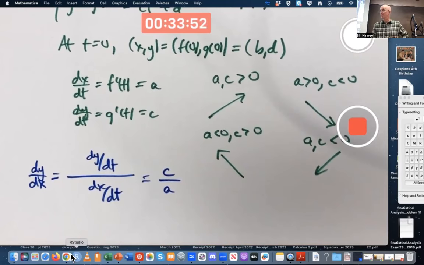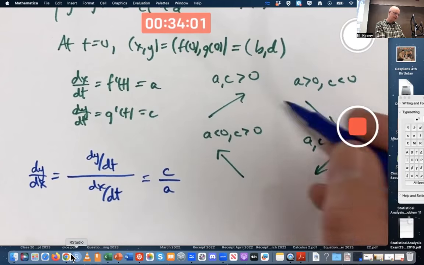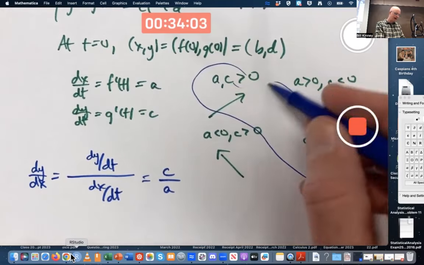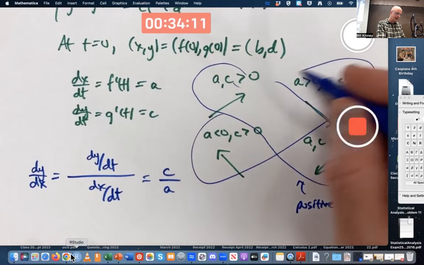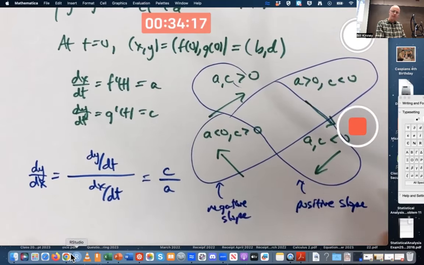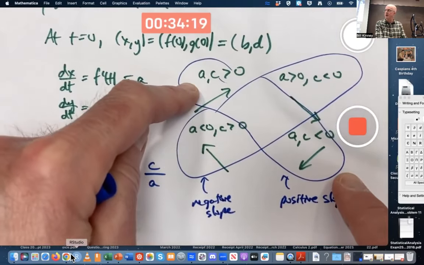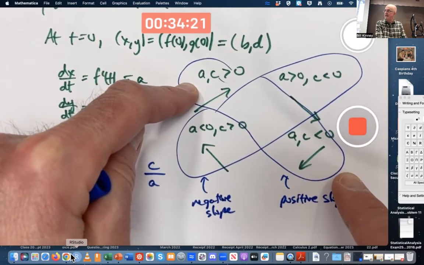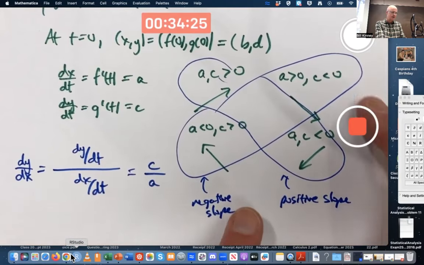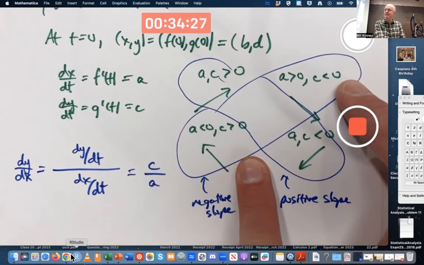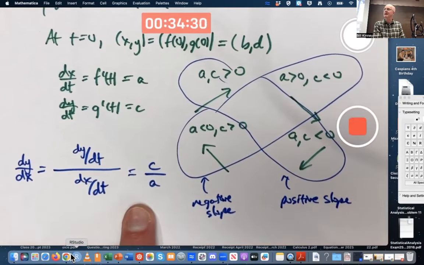So the slope of the curve is c divided by a, as long as a is non-zero. You can see it's these two situations that have positive slope and these two situations that have negative slope. In the two situations with positive slopes, a and c have the same sign, so their quotient is positive. In the two situations with negative slopes, they have opposite signs, so their ratio is negative.